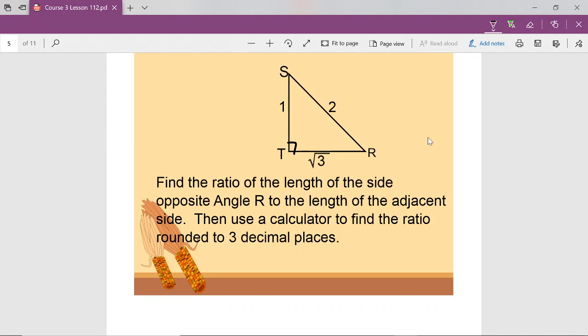So we want to find the ratio of the length of the side opposite angle R to the length of the adjacent side. So opposite over adjacent, so 1 over the square root of 3.